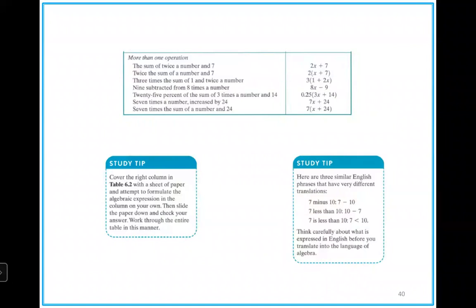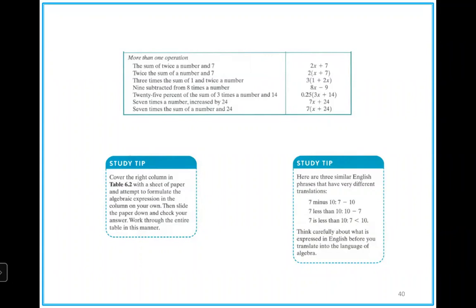Also, the next study tip says here are 3 similar English phrases that have very different translations. 7 minus 10. Now, 7 take away 10. 7 less than 10. A lot of times people get that confused. 7 less than 10 is 10 minus 7. 7 is less than 10.